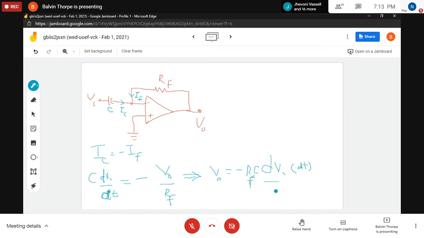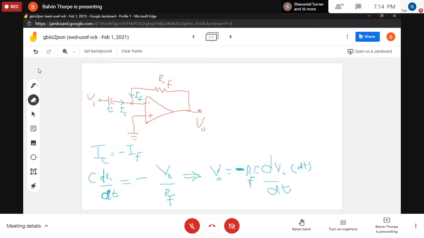So put dVi/dt. So the output voltage equals minus what? Some constant, which is RF times C, times the rate of change of the input voltage.